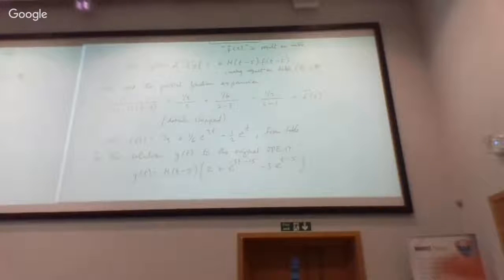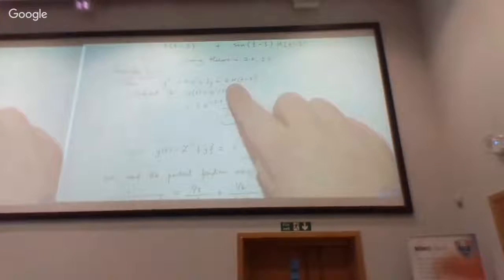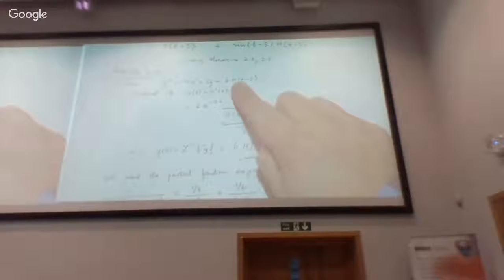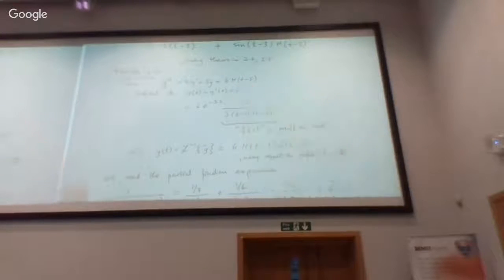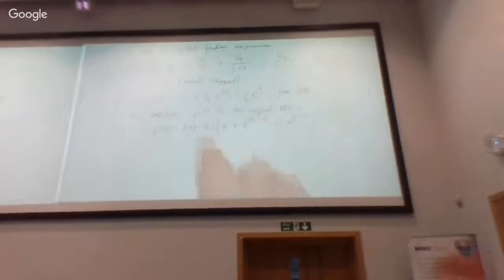So the presence of the kind of switched signal in the original ODE is mirrored in the solution itself, which is a signal that gets switched on at t equals 5. Previous to that, it's just 0, so there's not much happening before t equals 5.